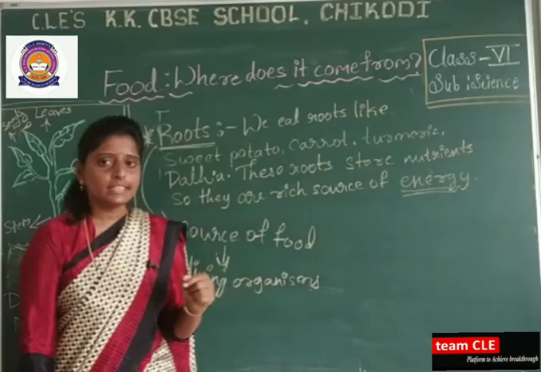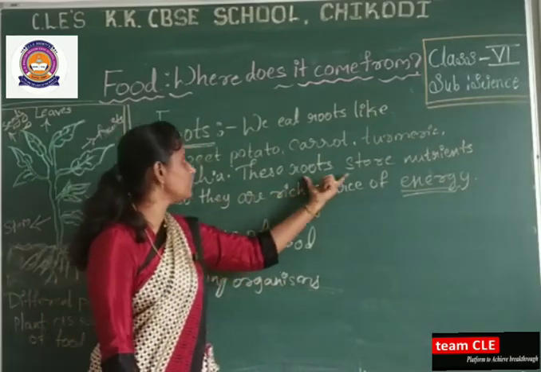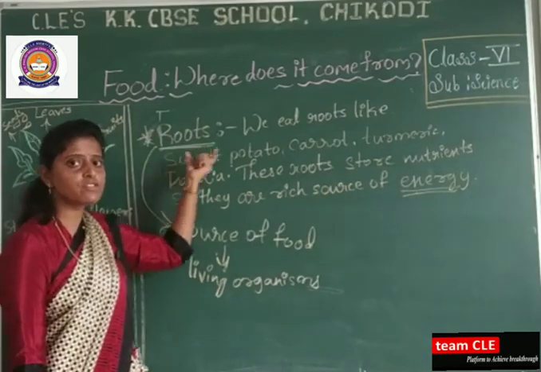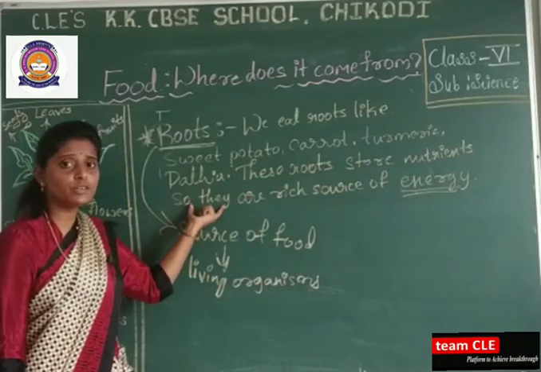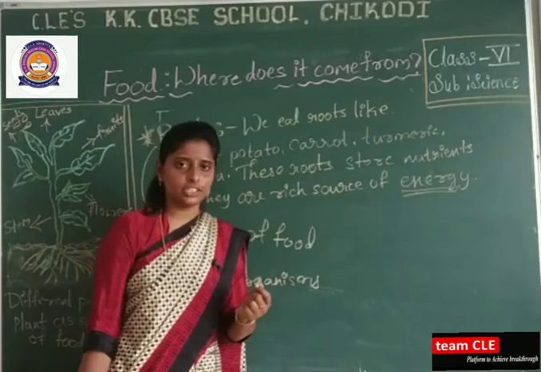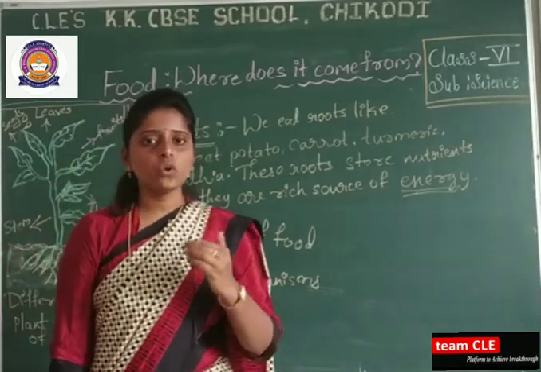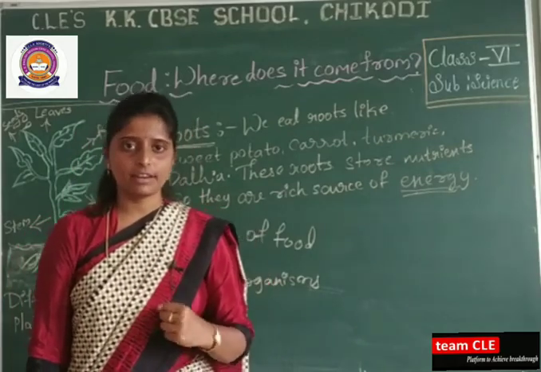So in these foods we have the nutrients. These roots store the nutrients. Why are they storing the nutrients? Because they are a rich source of energy. Yes, these roots give us energy, so we have to consume the roots in a proper manner.